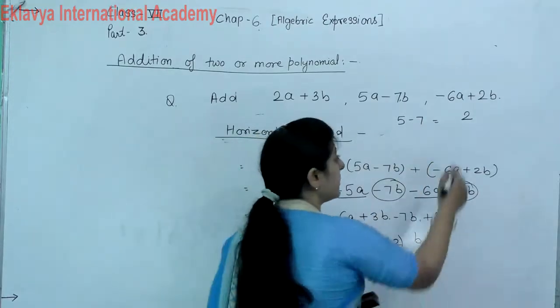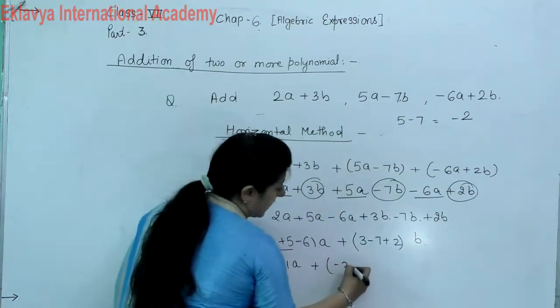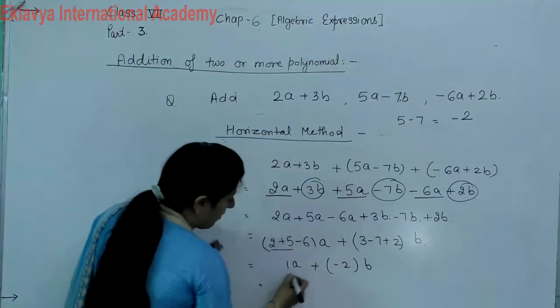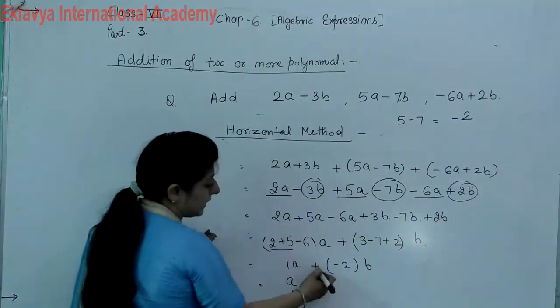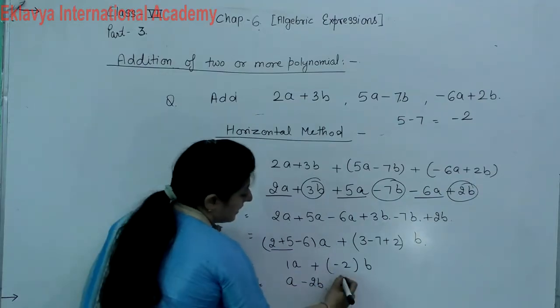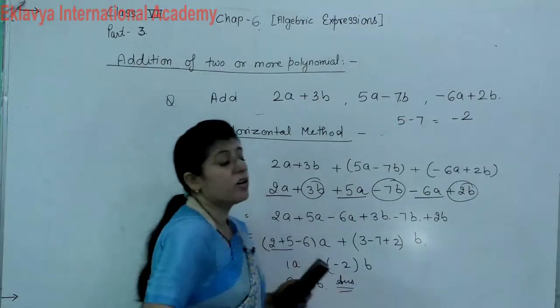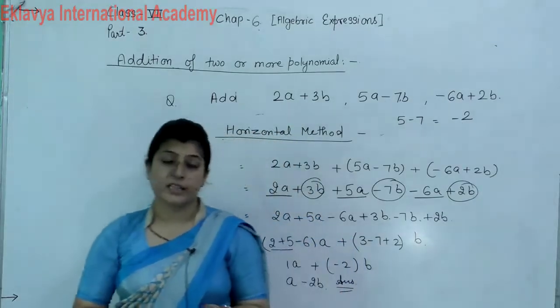Negative. It means the answer will come in minus 2, then this one minus 2b. 1a you can write directly as a. Plus minus is minus, so a minus 2b is our answer. This method is called the horizontal method.